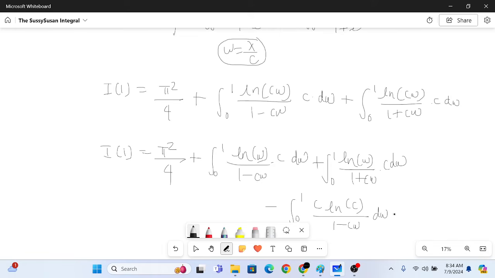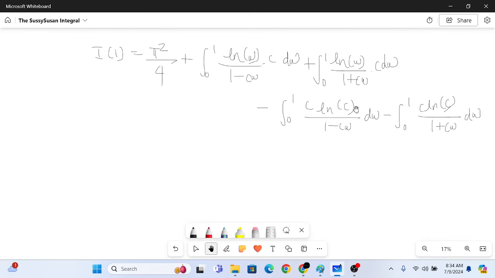Similarly, subtract the other one as well, integral from 0 to 1 of c ln of c by 1 plus cw dw. Now if we subtract this, these are actually constants, and this is just the reciprocal integral, and this will just come in front in terms of ln.